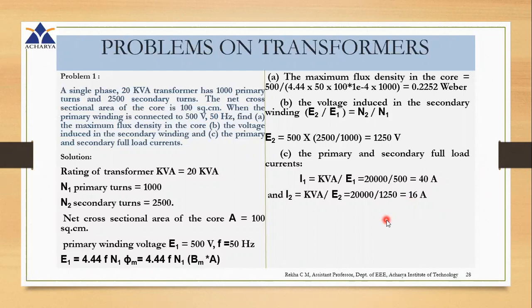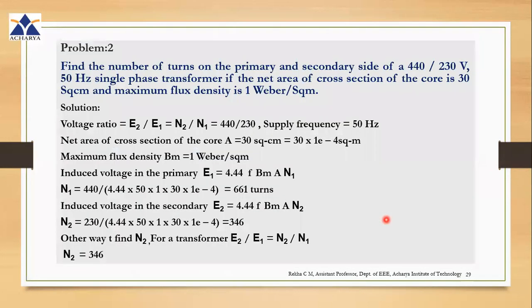So next we move on to the second problem. Find the number of turns on the primary and secondary side of a 440/230 volts, 50 hertz single phase transformer if the net area of cross section of the core is 30 square centimeter and the maximum flux density is 1 Weber per square meter.